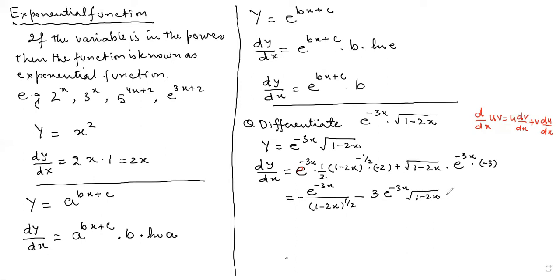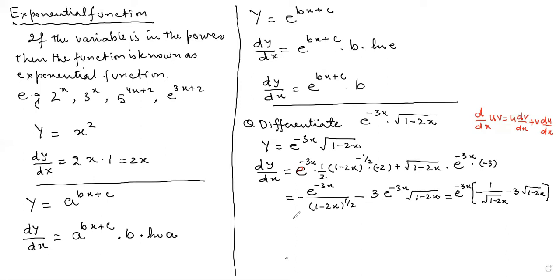Now we will take e raised to minus 3x common, and we can also take minus as a common. It's up to you. Now this one is minus 1 over under root 1 minus 2x minus 3 under root 1 minus 2x.